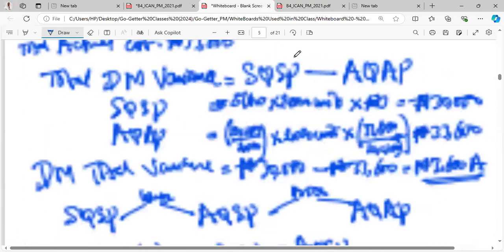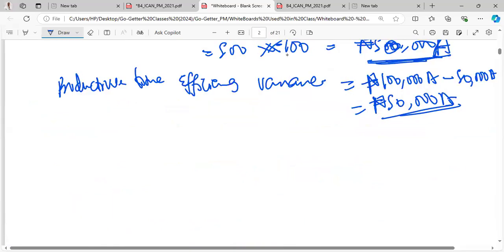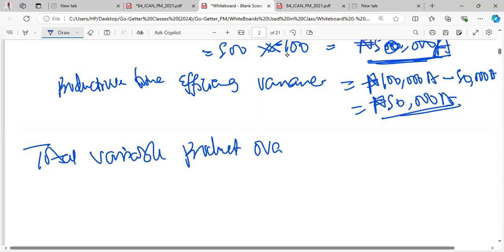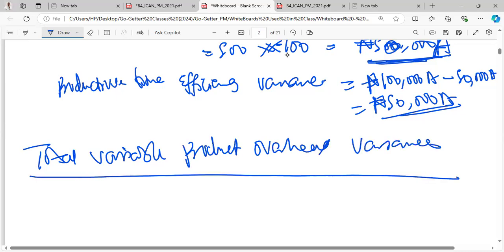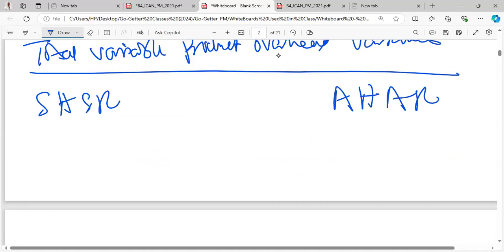Let me do it up here where I'm building the formulas. Total variable production overhead variance is said by using standard hours, standard rate, actual hours, actual rate.